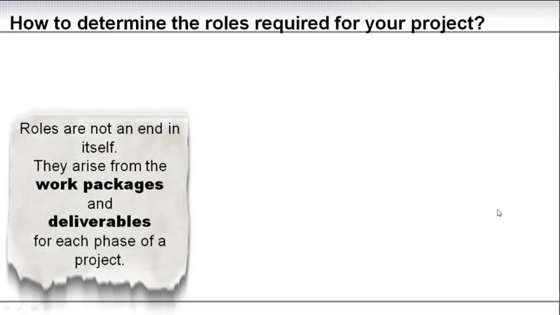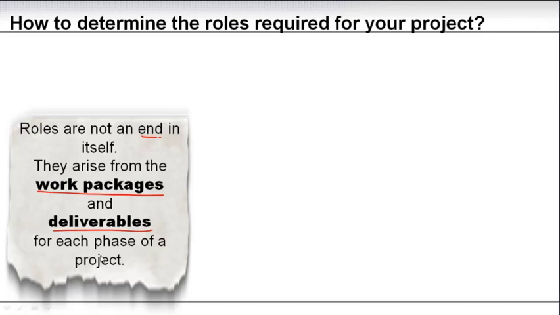So let's have a look first at how you determine the roles required for your project. As it says here, roles are not an end in itself. They arise from work packages and deliverables, and they evolve over the life cycle of the project.